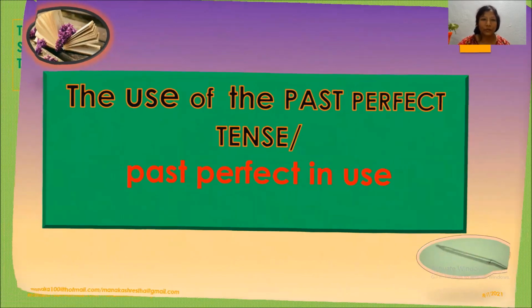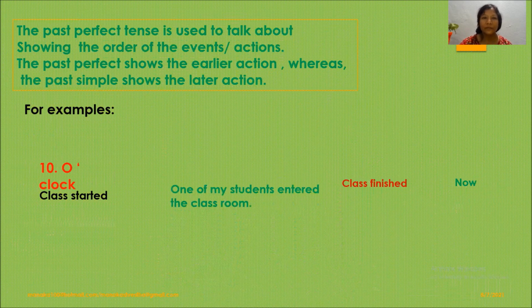Here, the past perfect tense is used to show the order of events or actions. The past perfect shows the earlier actions, whereas the past simple shows the later actions. This means when you use the past perfect tense, there might be more than one action.